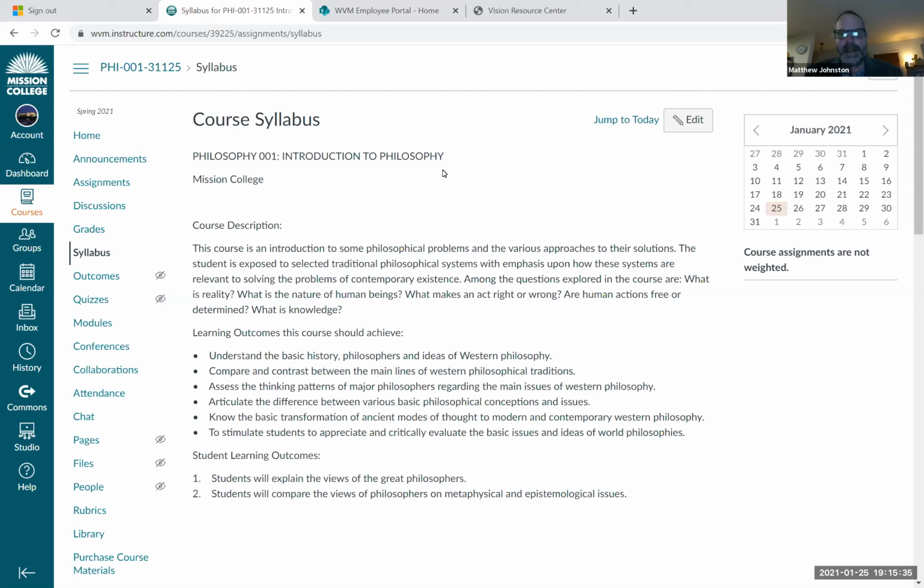A regular history class talks about who ruled what, when, that kind of thing. Not that, but the evolution of ideas and thought through history. That is what we're going to be dealing with here.